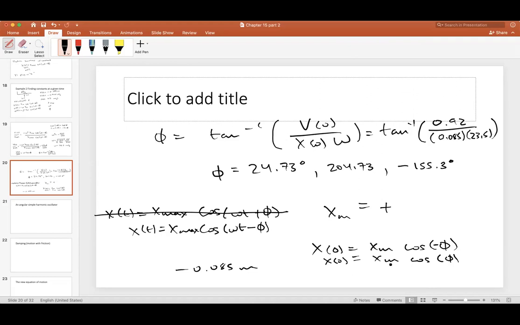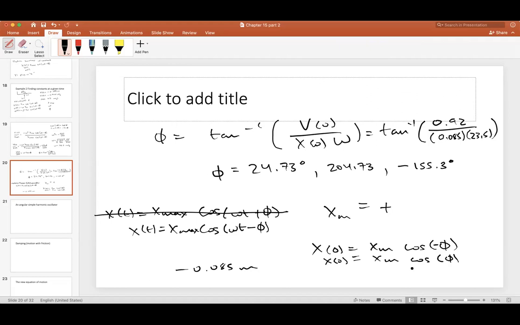It has to be a positive number. Therefore, cosine has to be negative, right? And cosine of 24.7 is positive 0.908. And cosine of 204.73 is negative 0.908. Okay? So it could be cosine of 204, or it could be cosine of 155.